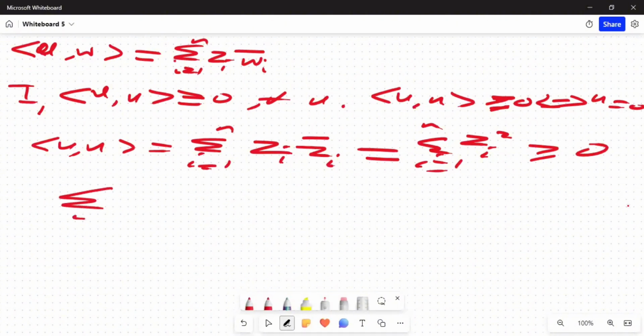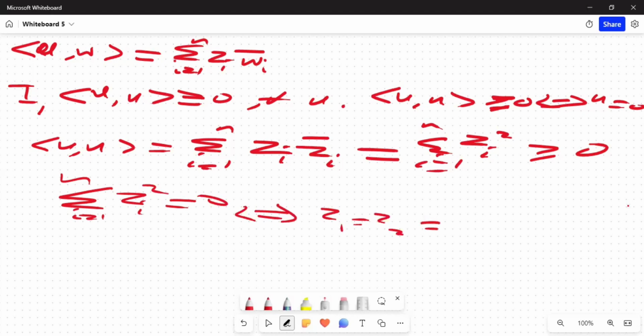And as a matter of fact, the summation i equal to 1 to n of zi squared will be 0 if and only if z1 equal to z2 equal to a whole lot of things equal to zn, and all of them will be equal to 0.